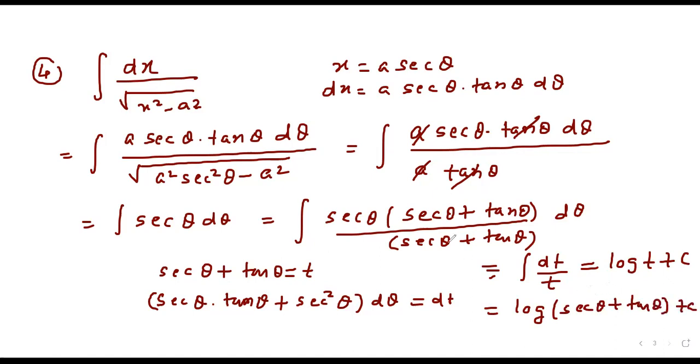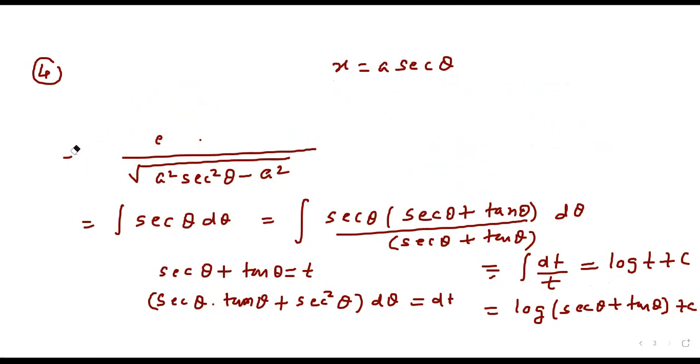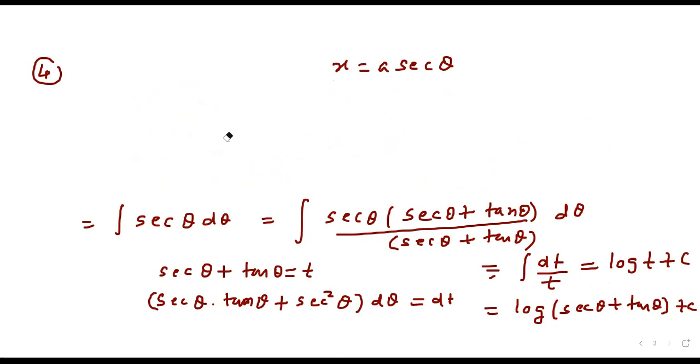Now, further, here we have to replace sec theta and tan theta in terms of x and a. So from here we can write x upon a equal to sec theta, and sec theta is hypotenuse upon base. So x upon a.